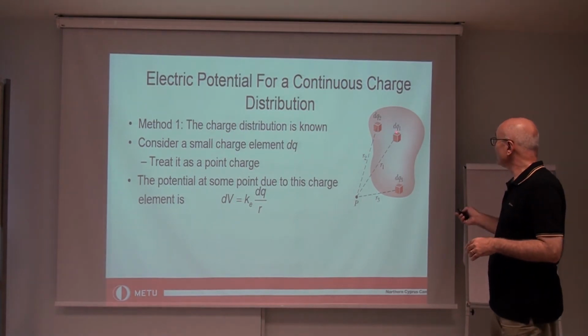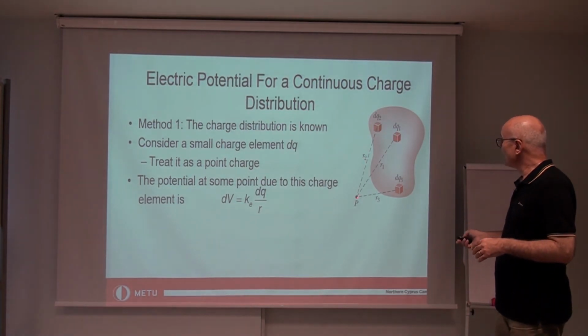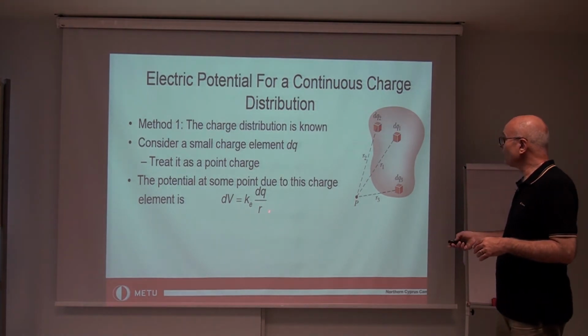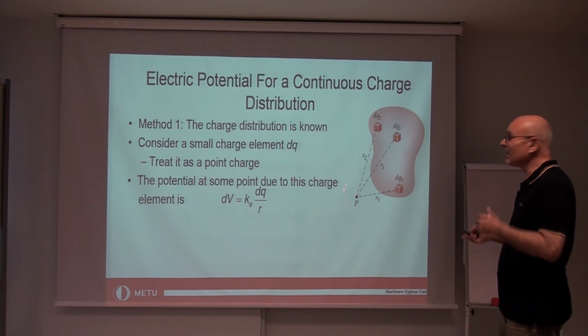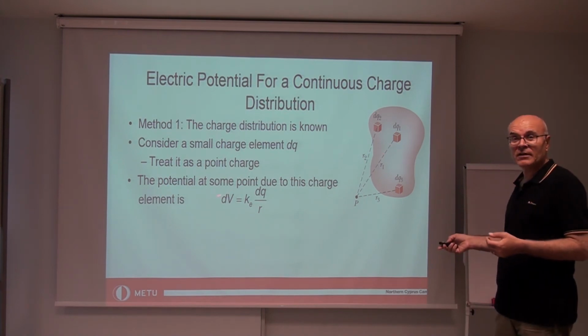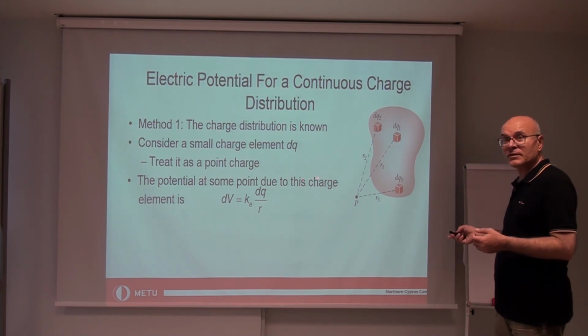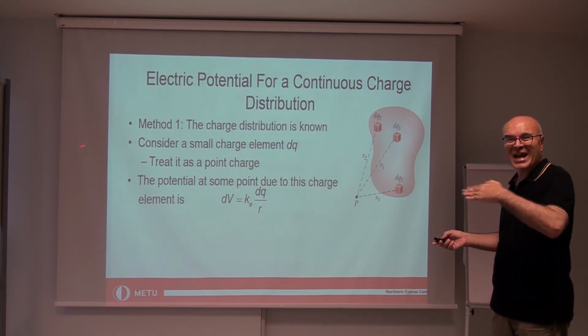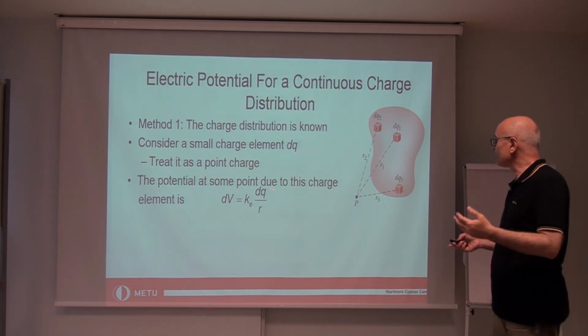For example, the first of these dq's will have its potential here as k dq1 over r1. For dq2, it's k dq2 over r2, and so on. Now to find the potential of the whole charge distribution, we assume that it's divided into n of these charges.